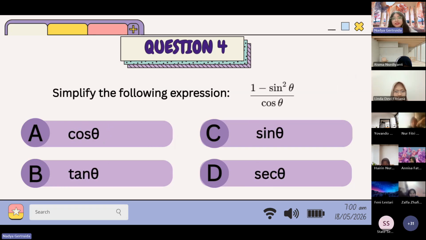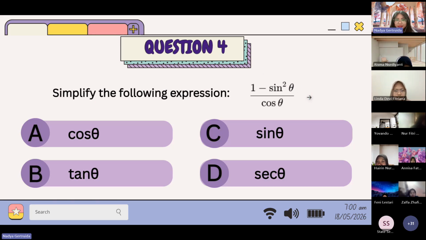Next, question 4. Simplify the following expression: 1 minus sine squared theta, divided by cosine theta. Okay, Kansa Sabita Guma, you can give your answer.